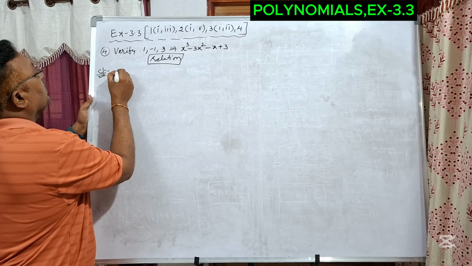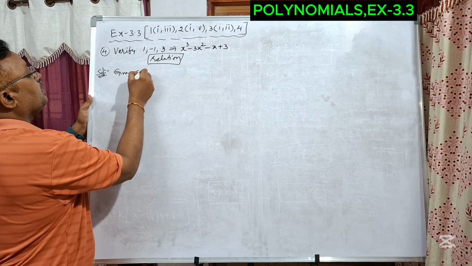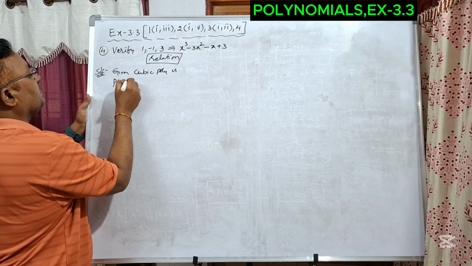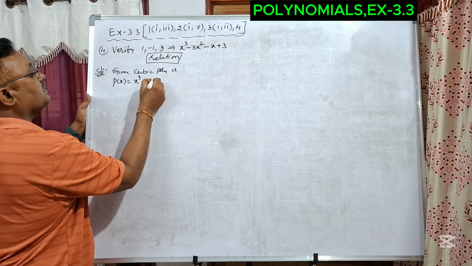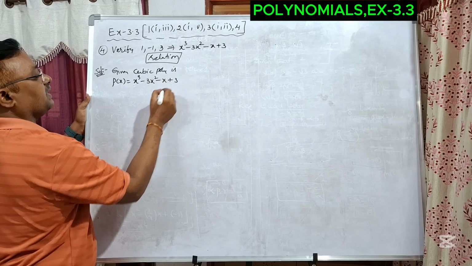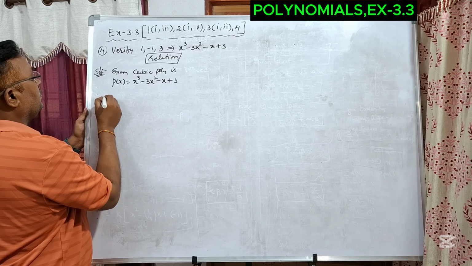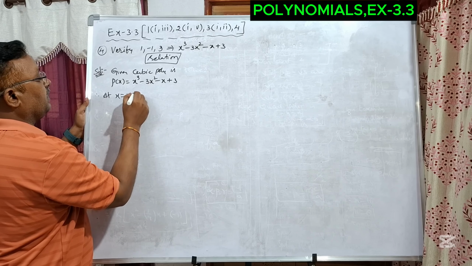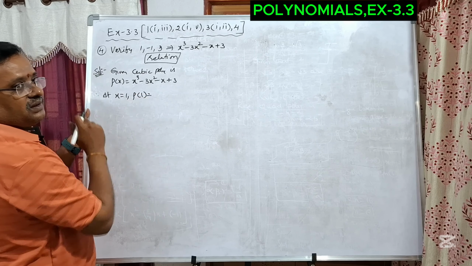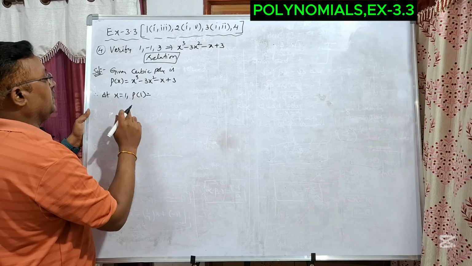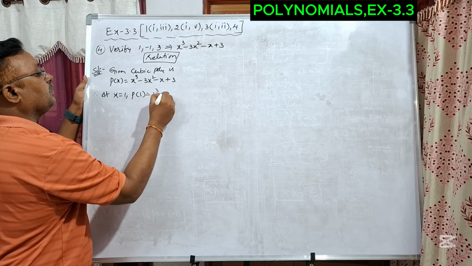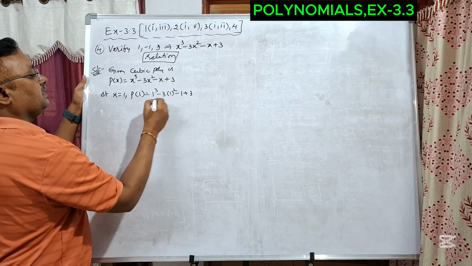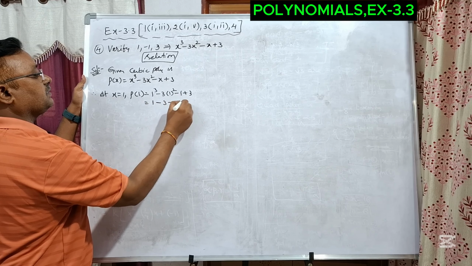Given cubic polynomial is p of x equal to x cube minus 3x square minus x plus 3. Therefore at x value 1, the polynomial value p of 1 equals, like the 3.1 exercise problems model, calculate the polynomial value. 1 cube minus 3 into 1 square minus 1 plus 3 is equal to 1 minus 3 minus 1 plus 3.